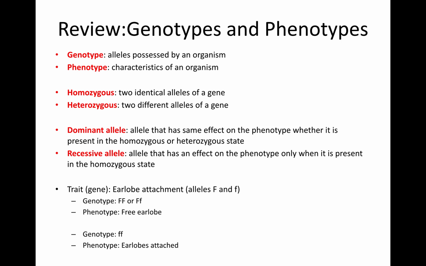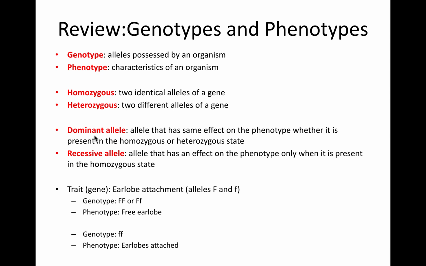If it's homozygous dominant, then they have two of the dominant alleles. Hetero means different. So heterozygous is referring to two different alleles. So one of the dominant alleles and one of the recessive. Or sometimes we might say one uppercase letter, one lowercase letter when we're looking at the alleles in a Punnett square.